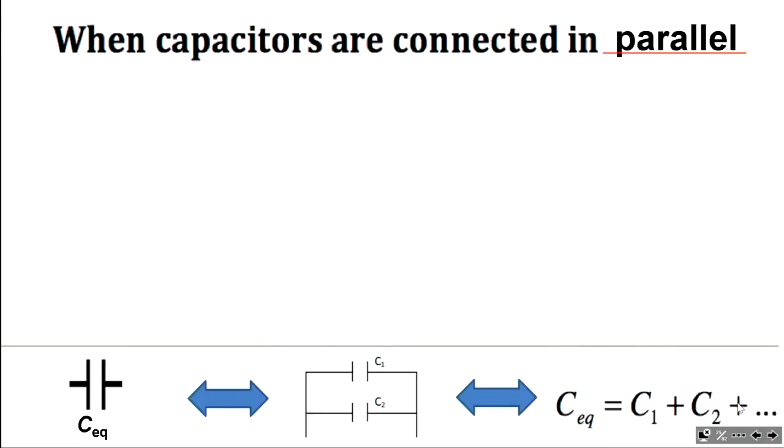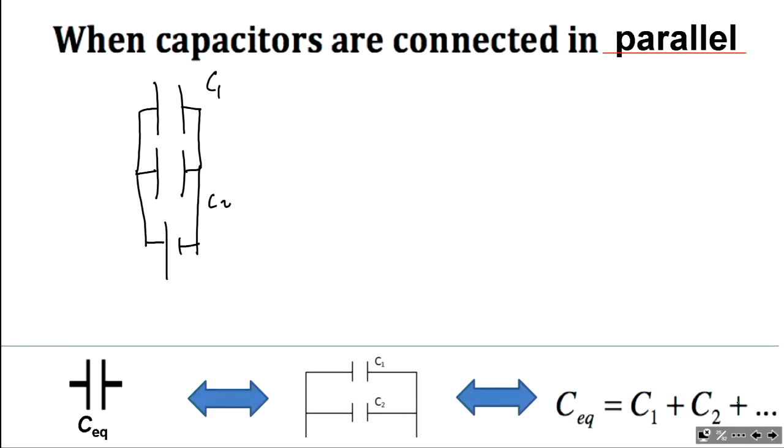Well, let's briefly talk about an easier case. Easier because when we have capacitors connected in parallel, what they definitely have in common is very clear: voltage.